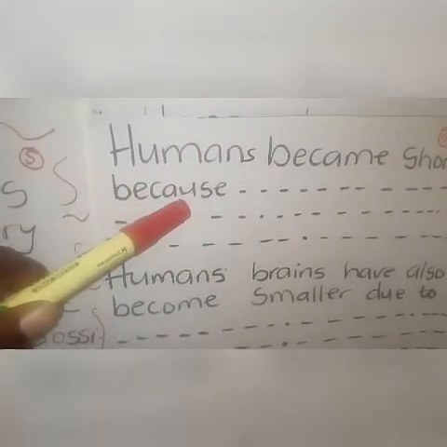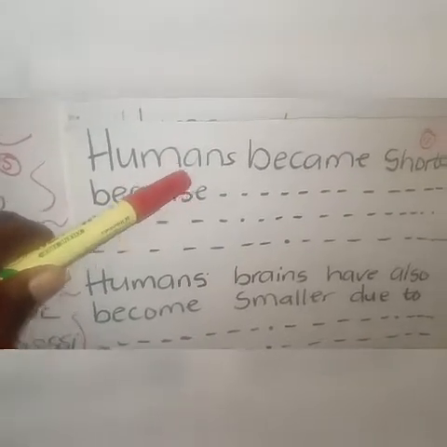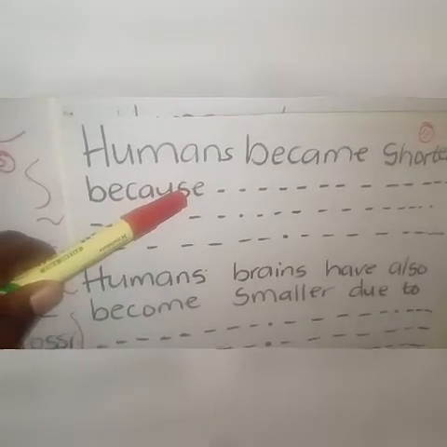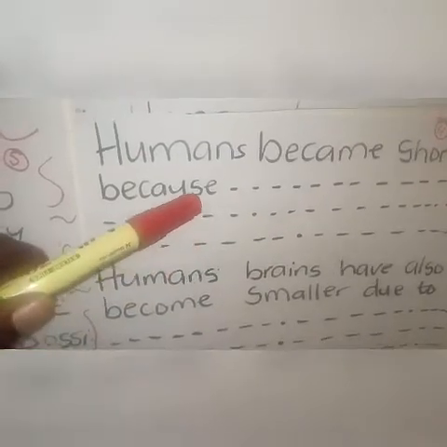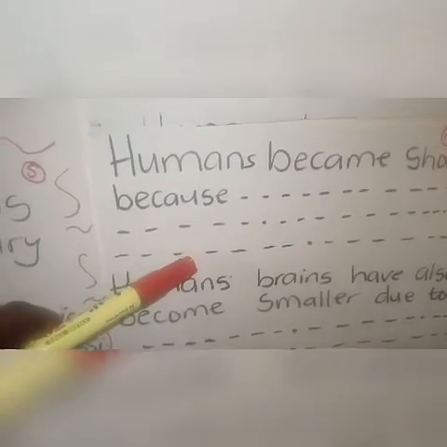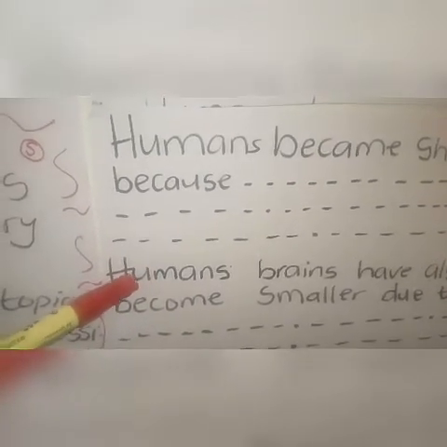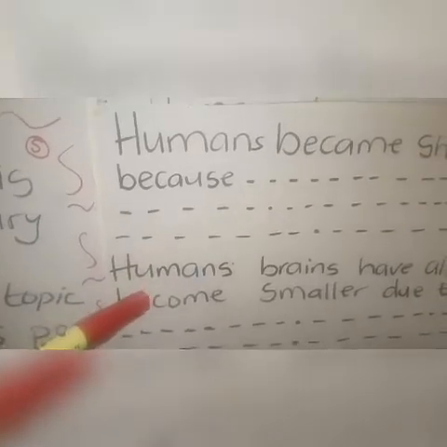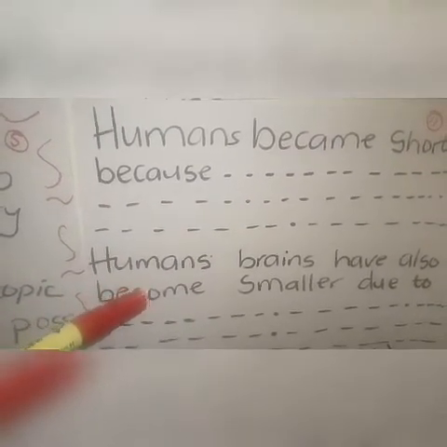I am writing extended. This is my lead sentence for the first point that I'm asked to write about. I did not skip a line because I know that I have to write in prose, which is one paragraph. So I continued and have another lead sentence. I am now discussing the next issue about brains becoming smaller.